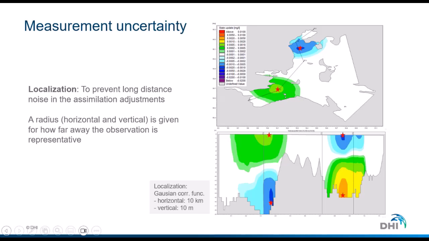So that we get a maximum adjustment right at the measurement point, and then it declines to 0 at the distance of the radiuses that we have given. So this was the last fundamental that I wanted to introduce to you here today.